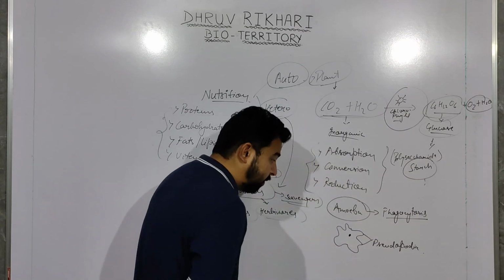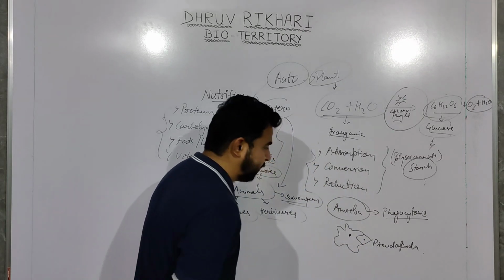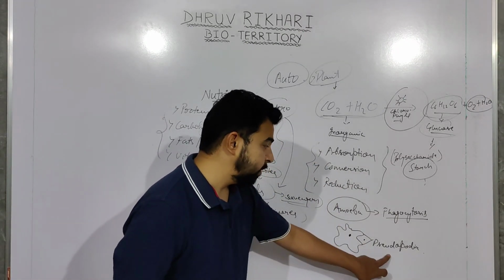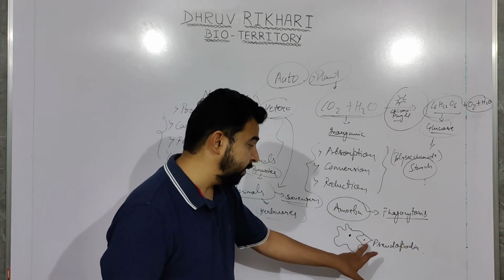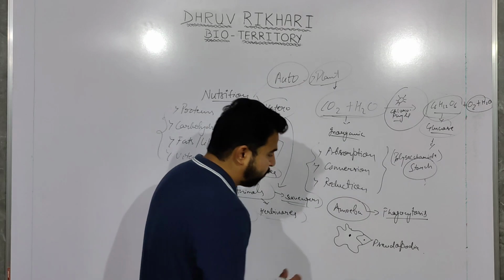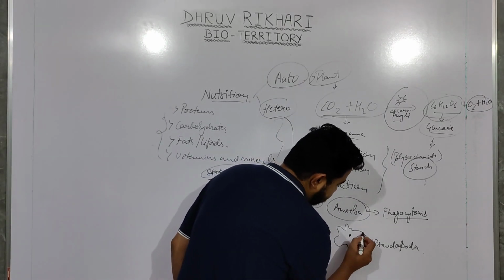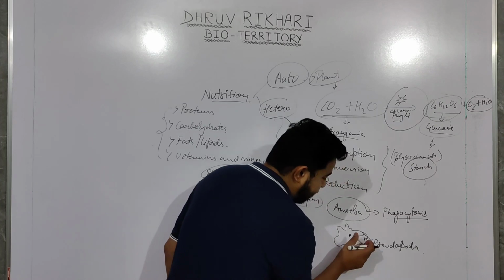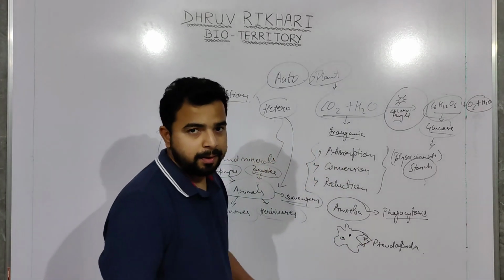So what we observe here is that whenever there is a food particle present nearby, this pseudopodia will try to trap the food particle around it by the movement of its membrane, and they will engulf it. It will cover the food particle, forming a food vacuole inside the body.